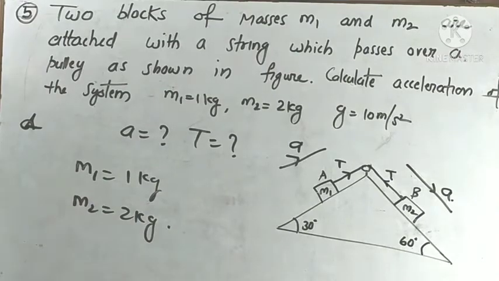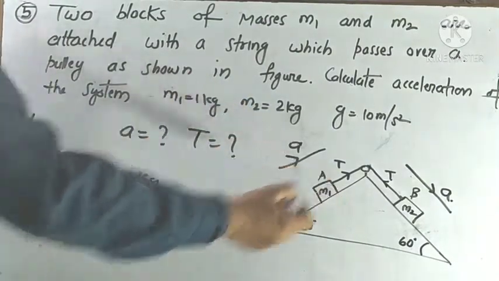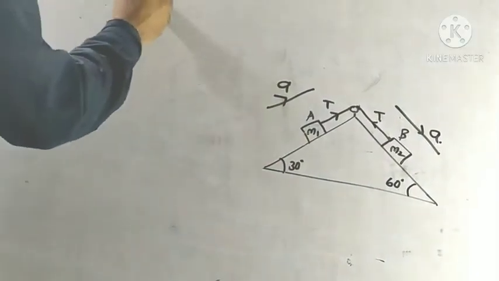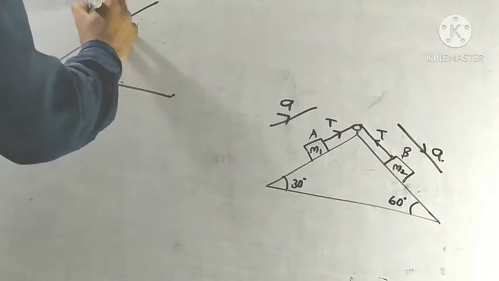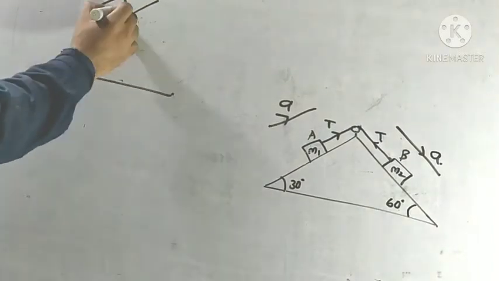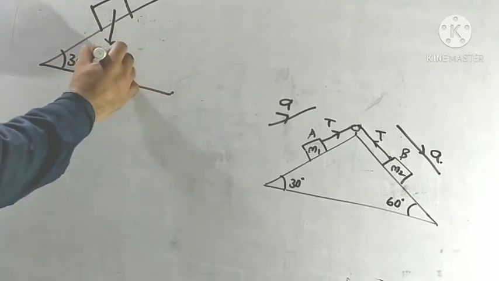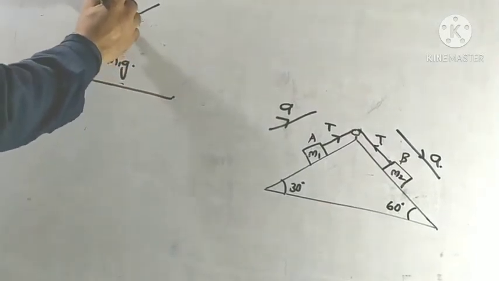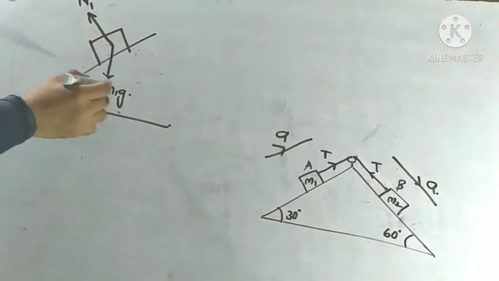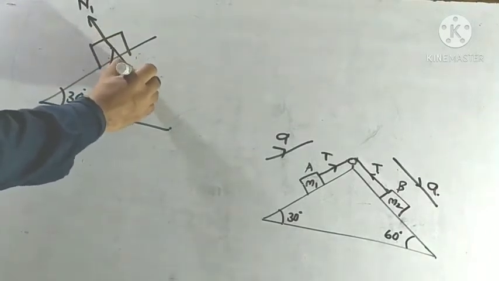Firstly we see the free body diagram of the first block, the first body having mass m1. The weight of this body works vertically downward, that is m1g, and the normal force works vertically upward, N1. Now we resolve the weight of this body into two components.